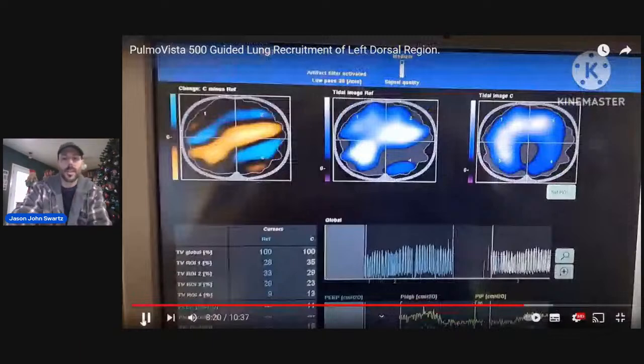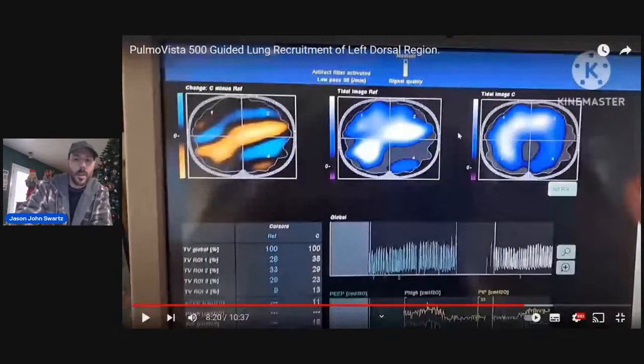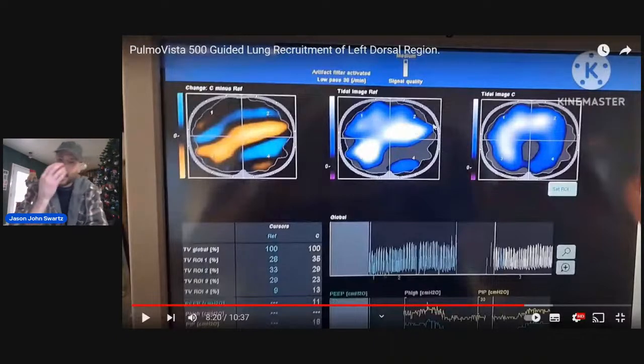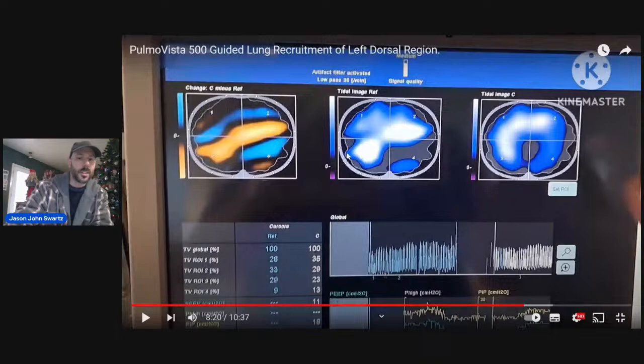Okay, so here's your reference, right? The blue shows the distribution of ventilation. Within the blue, there's always going to be white, so that the clinician's eyes immediately capture the white and say, okay, volumes are being distributed where it's blue, but who's taking the most brunt? Who's dealing with all this tidal volume that the ventilator is delivering? That shows here is white.